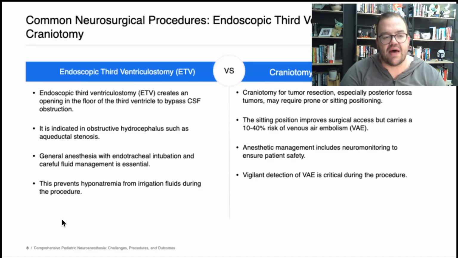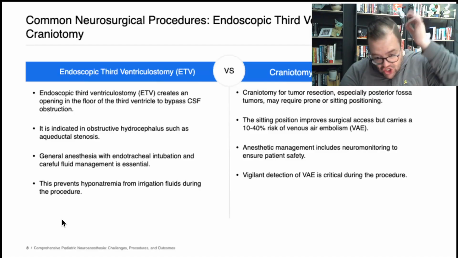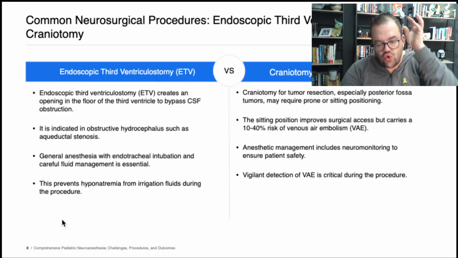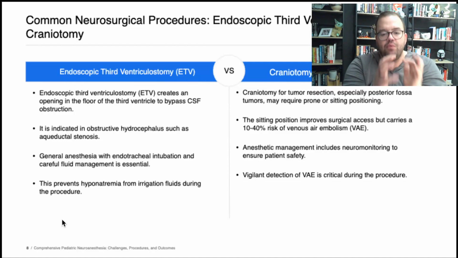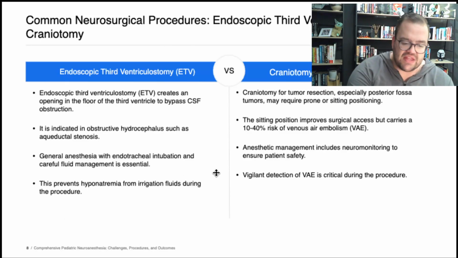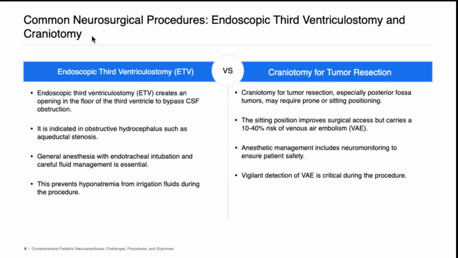The only major risk is that they use irrigation fluid to keep the ventricles open so that the surgeon can see what he's doing. If it's run in too quickly, or if it's not the right temperature, it can cause complications. But the procedures that I've been involved with are incredibly safe and they work incredibly well.